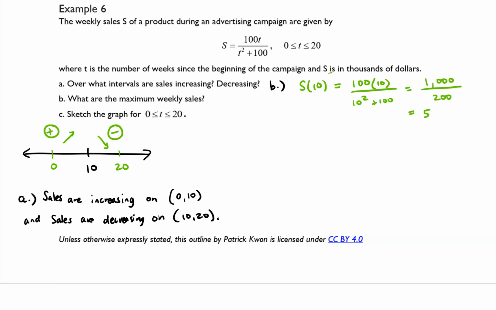However, remember that S is in thousands of dollars, so that means that max sales are $5,000 after 10 weeks since the beginning of the campaign.